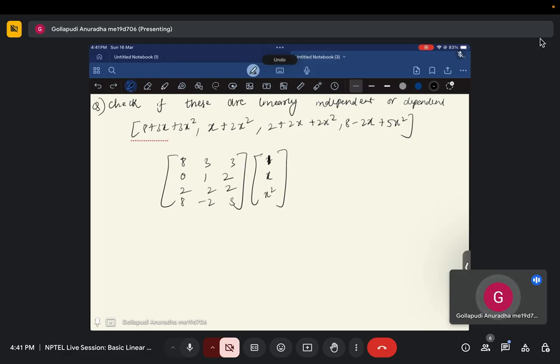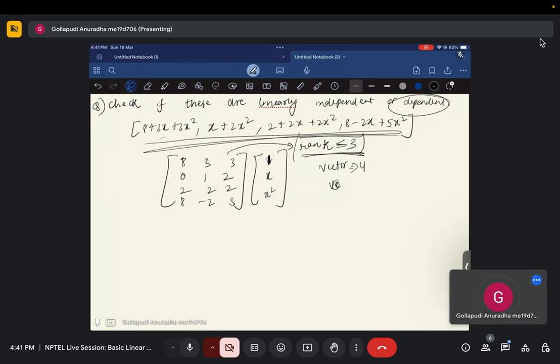What will be the rank of this? The rank can be maximum 3, but you have 4 vectors, right? So when there is no full rank, it's going to be dependent. These are dependent vectors because the rank is less than the number of vectors you have. Okay, let's take the next question.